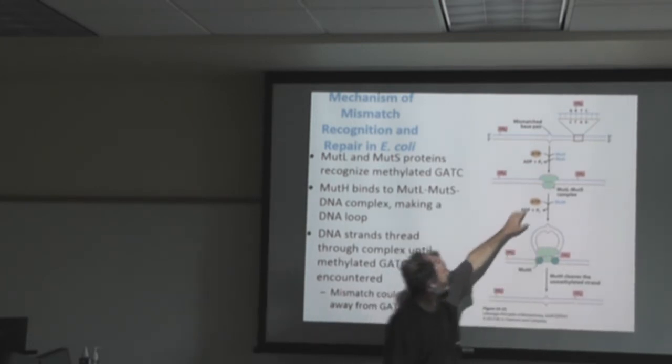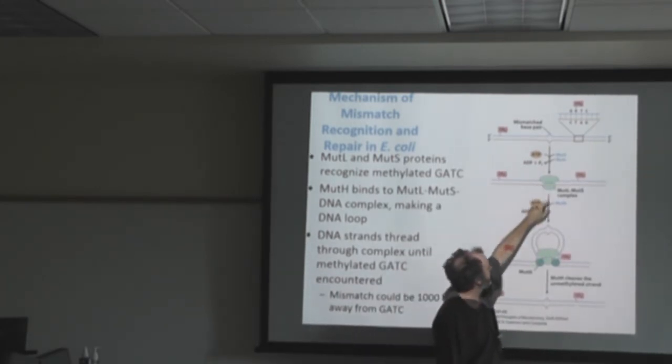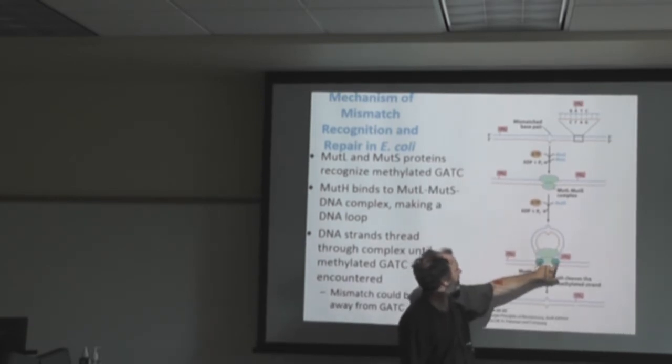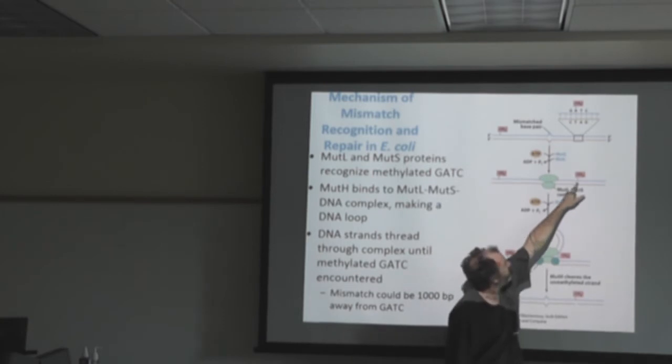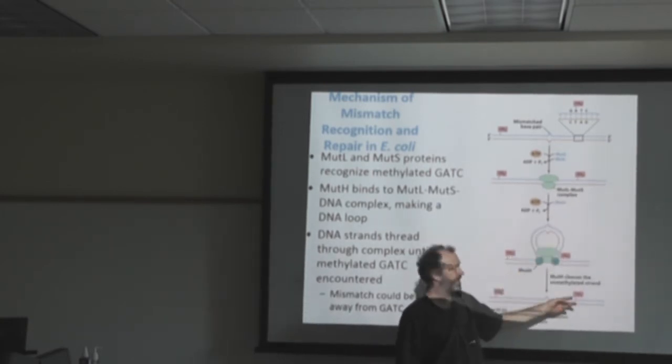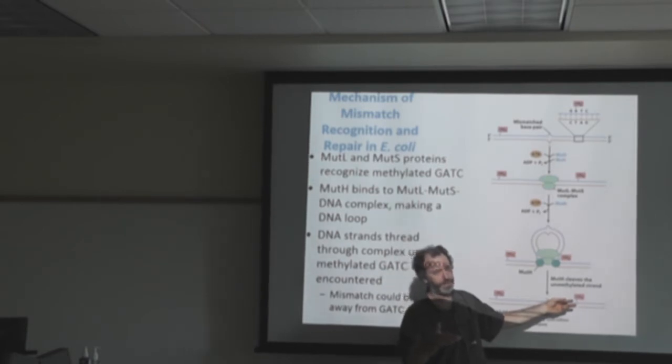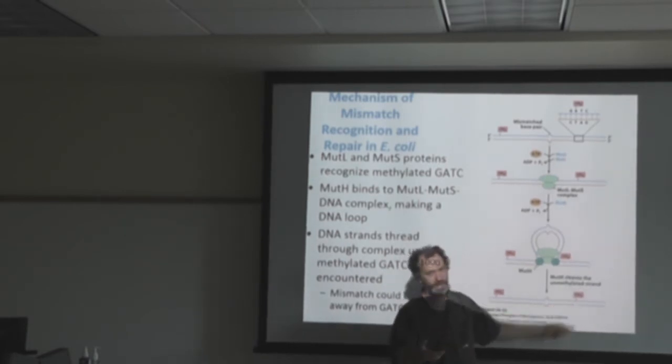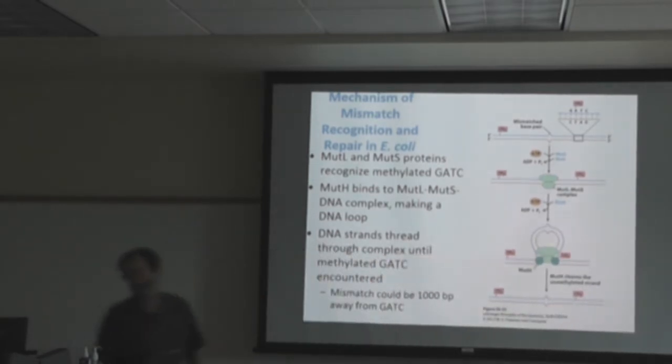So you see it binds to the mismatch. MutH comes in and works its way down till it gets to the GATC methylated sites. It sees which strand is methylated basically and cleaves the strand that doesn't have the methyl group added.